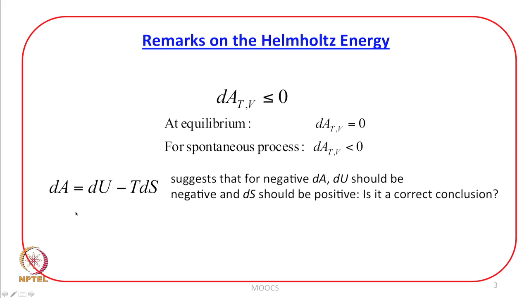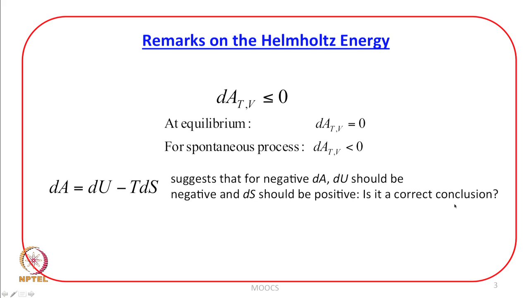Let us go back to the slide and discuss further. So, as I just discussed, dA is equal to dU minus TdS suggests that for negative dA, dU should be negative and dS should be positive.